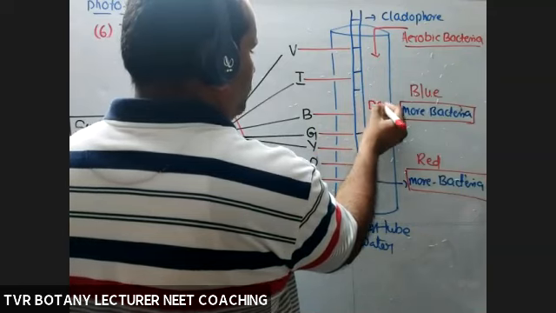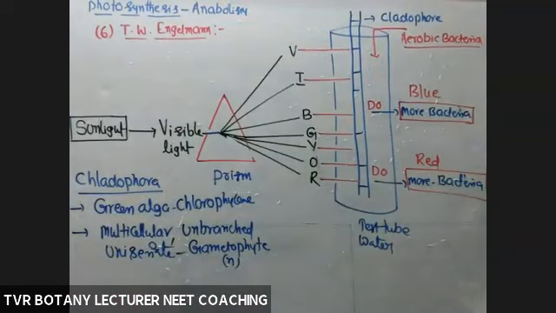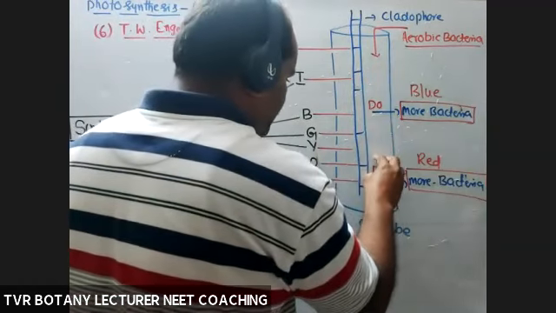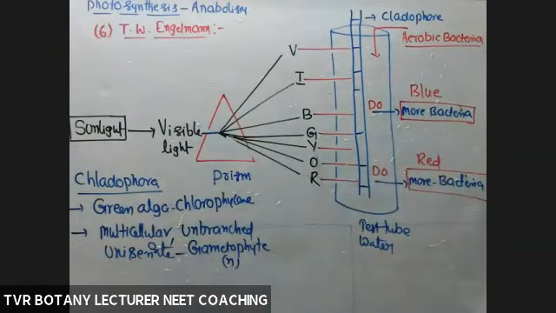In the blue region, more oxygen. In the red region, more oxygen. What is the reason to say more oxygen evolved here? On the basis of the number of bacteria.